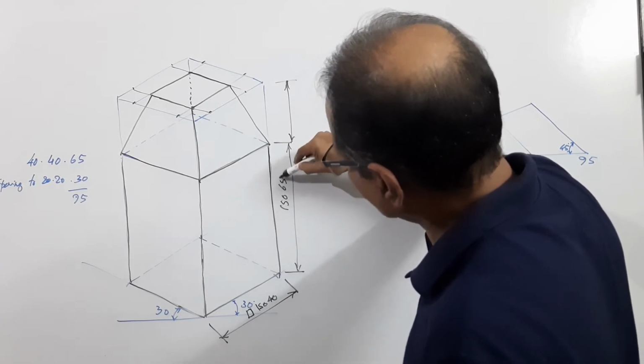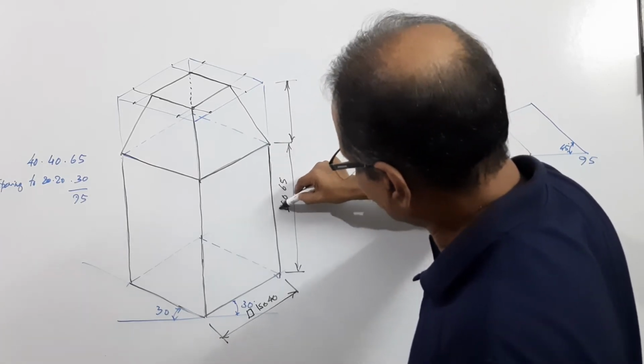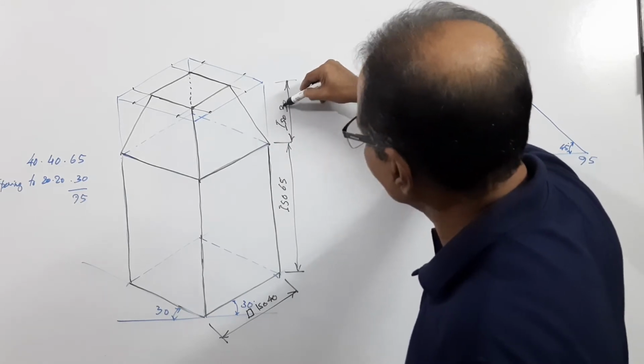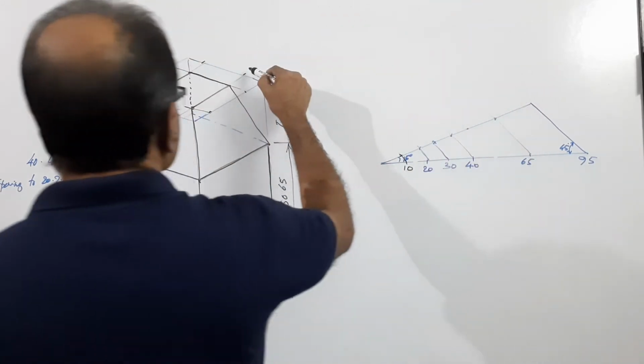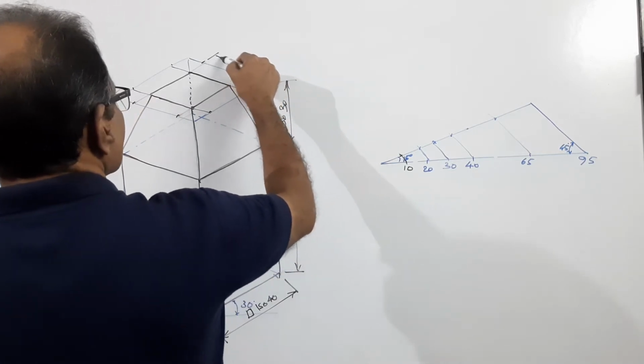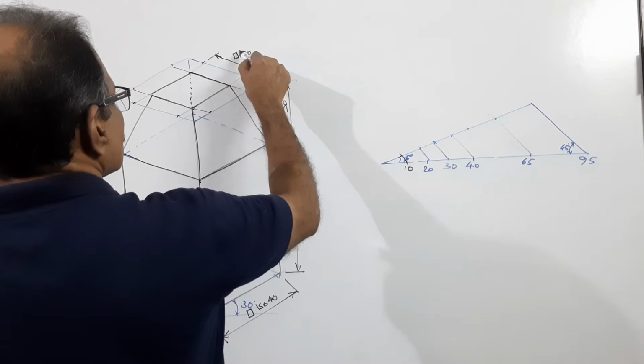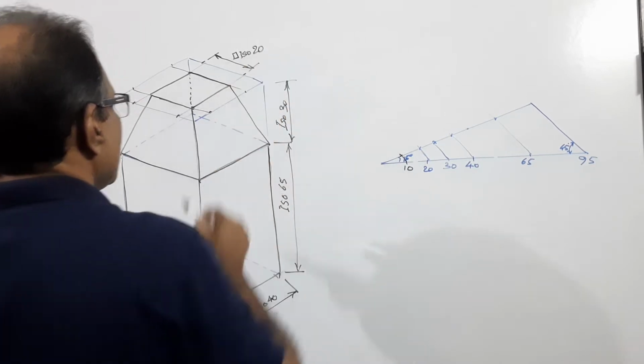ISO 65, ISO 30. What is this? This is square ISO 20.